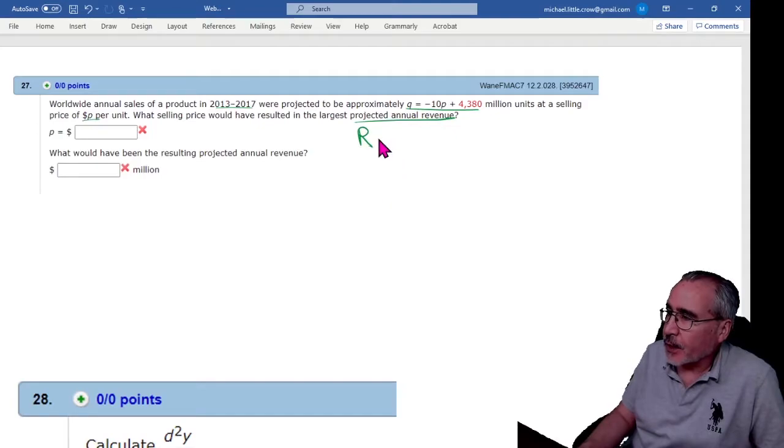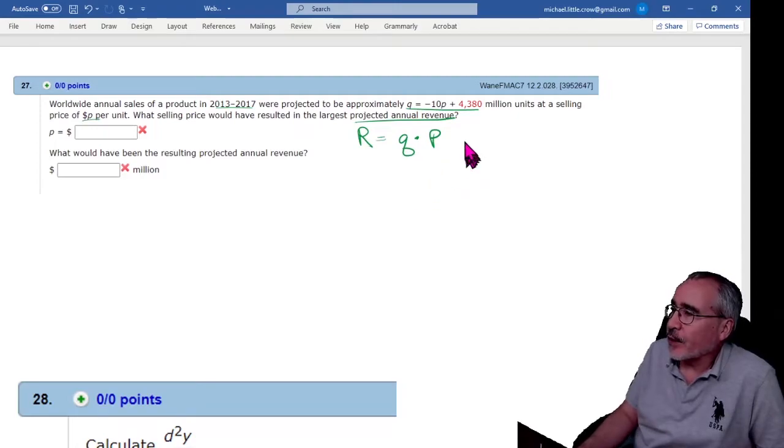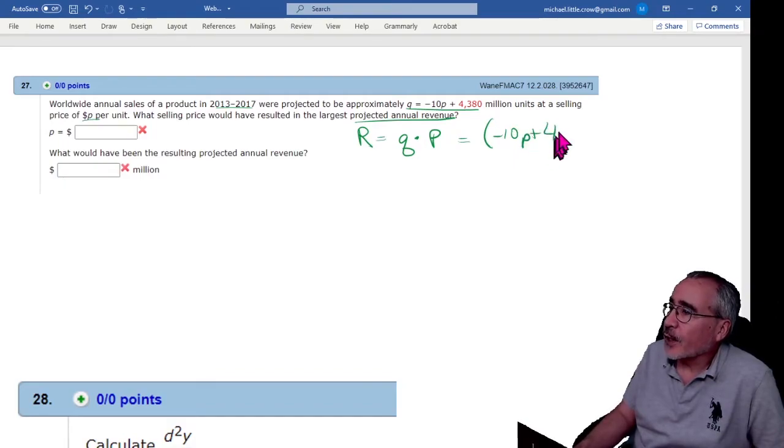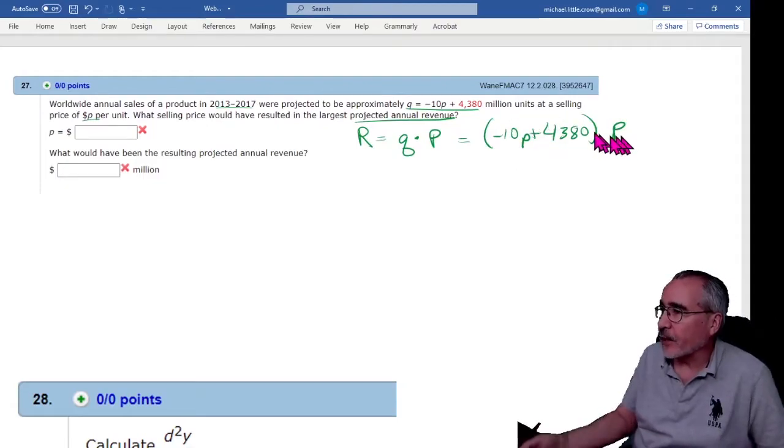Revenue is simply the amount, in this case Q, times the price. Let's rewrite Q as this function so that we only have one variable. So we get minus 10P plus 4,380 times P. So amount times the price, that's revenue.